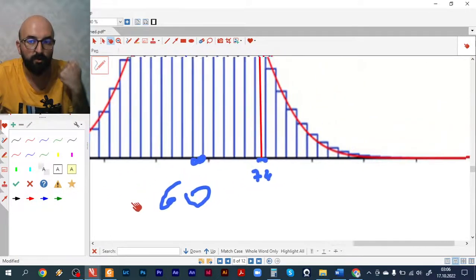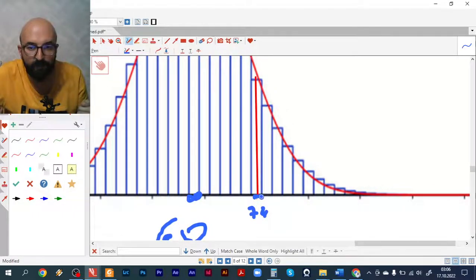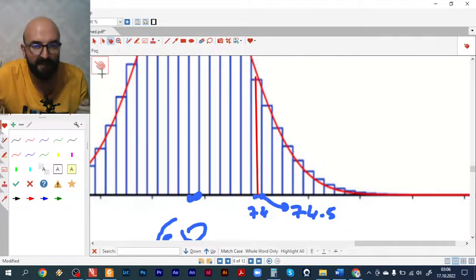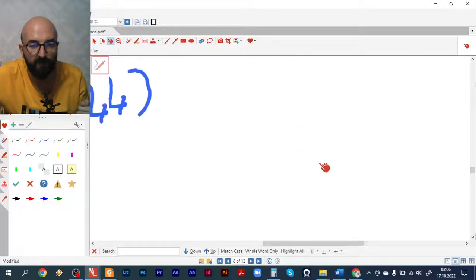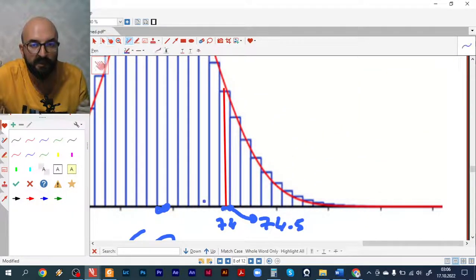So you should take 74.5, because less than 74.5 includes 74.